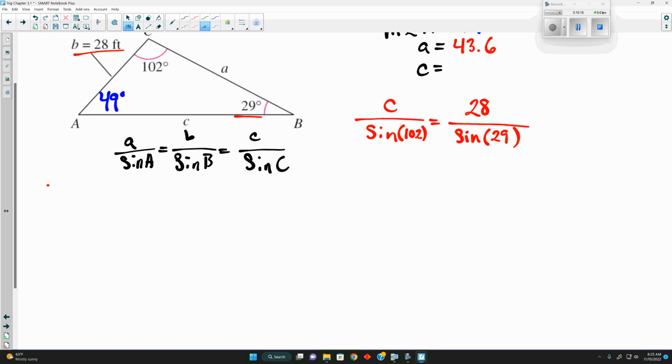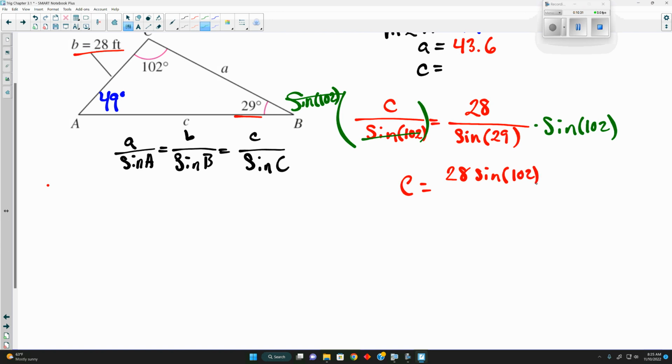Now again, we're going to multiply both sides by the denominator, sine of 102, because these two will cancel. And really it's telling me that C is equal to 28 sine of 102 over sine of 29. Questions on this here? There's a reason I picked this here.